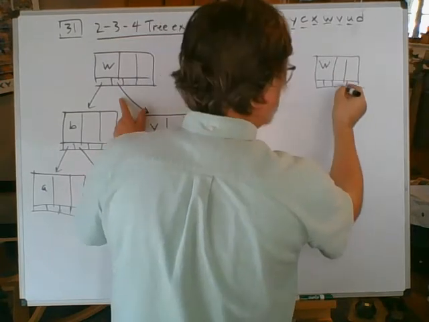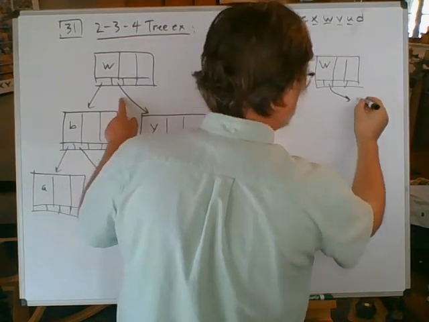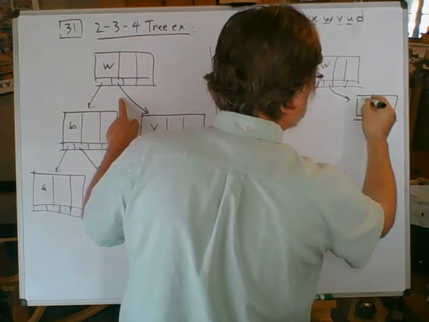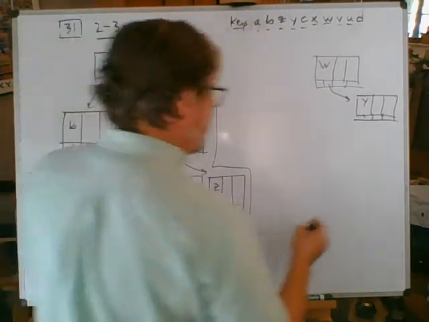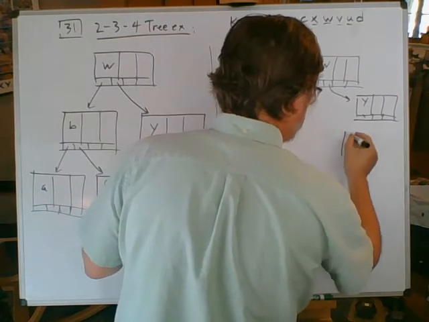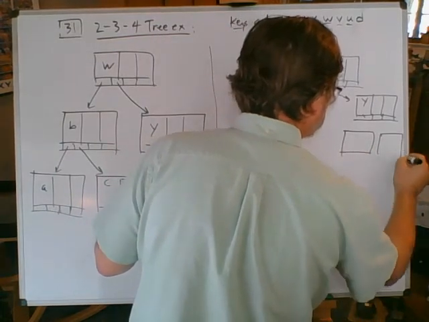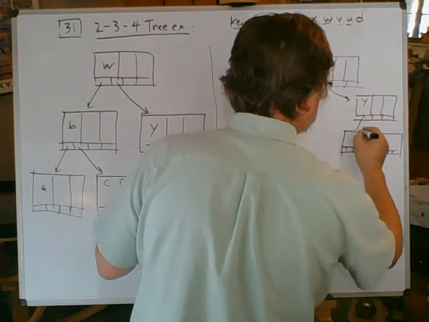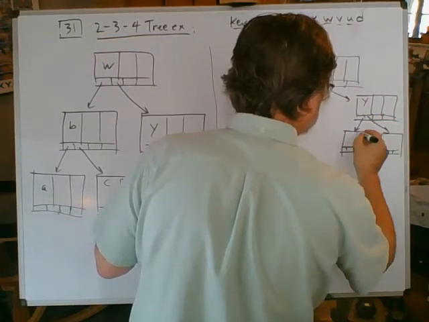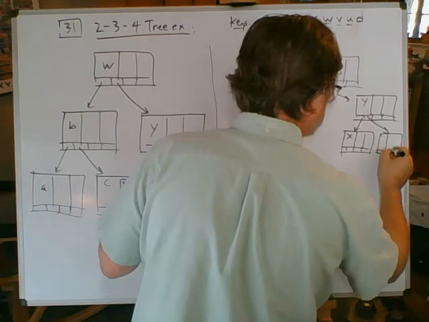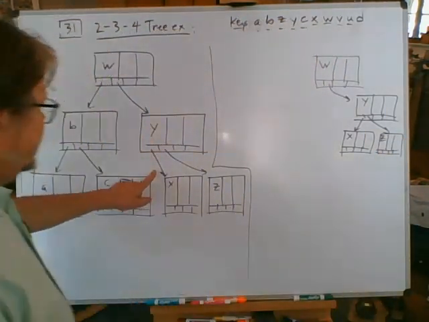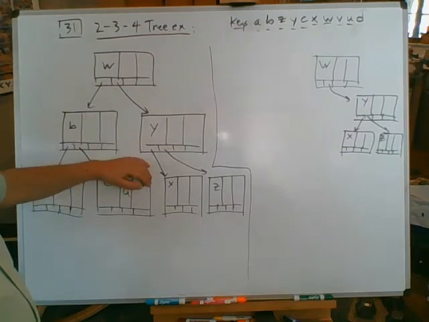W, its second pointer points to Y. I'll even make it smaller because they're bit players in this operation. And then X and Z are Y's 2 kids. There. How could I do that without even looking at anything?